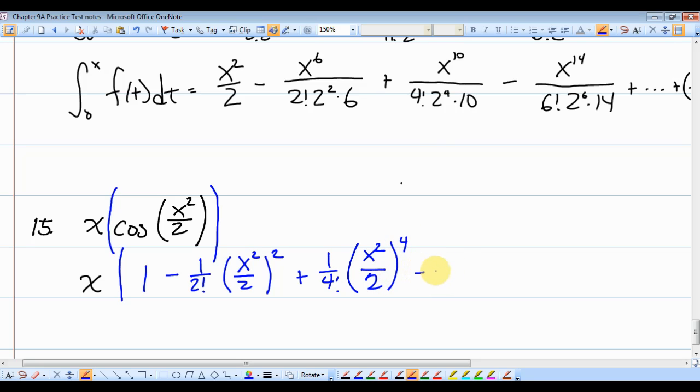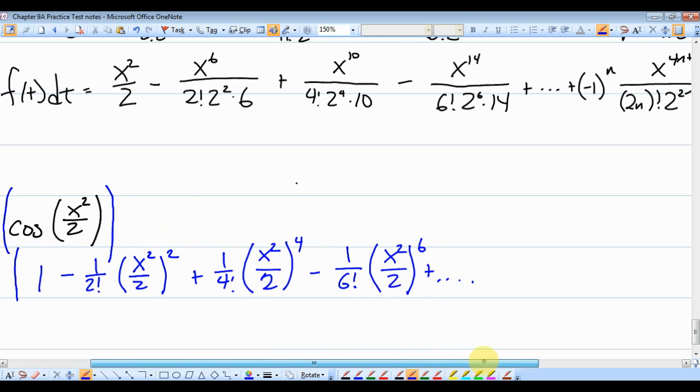That's 3 terms, I need 1 more. Minus 1 over 6 factorial, x squared over 2 to the 6th power, all the way over to negative 1 to the n, x squared over 2 to the 2n power.